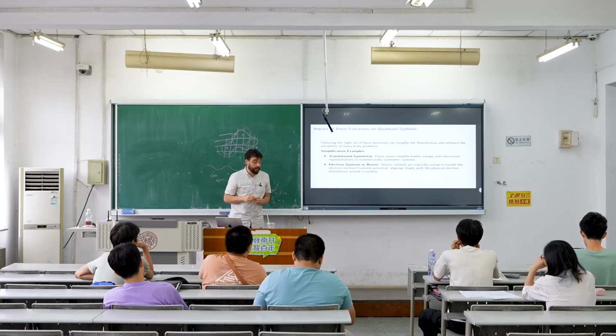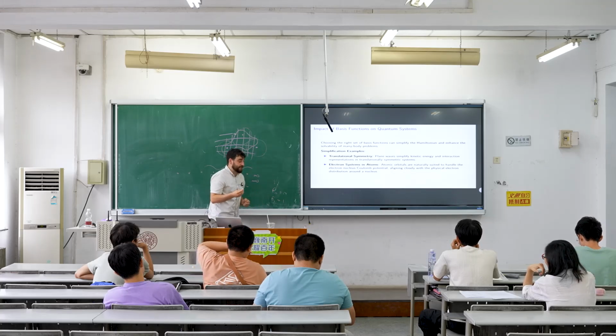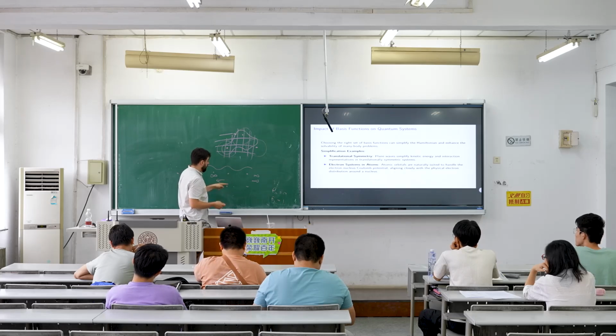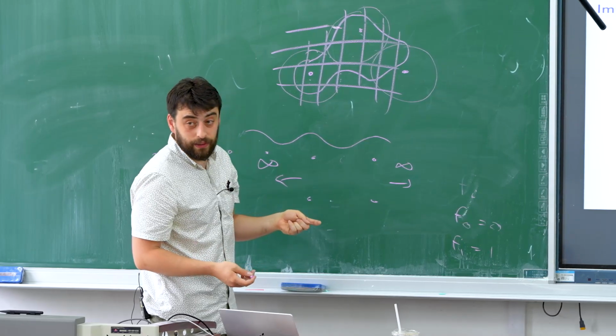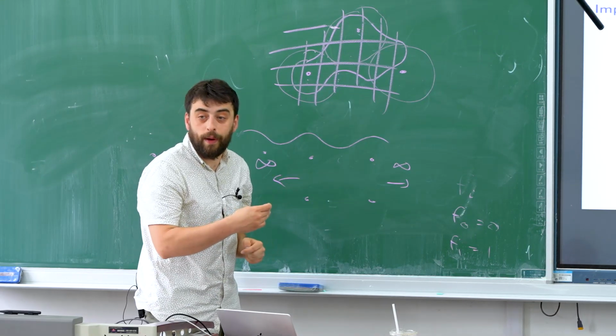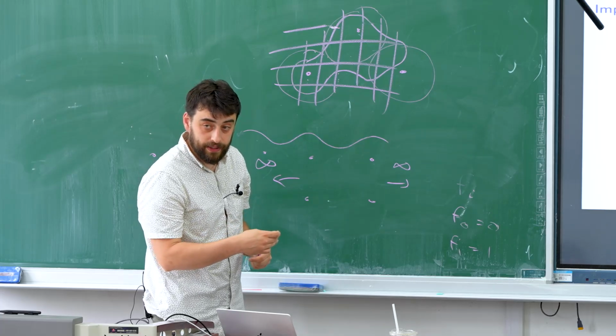What I'm trying to say really is if I use a plane wave basis set to calculate a molecule and I use a linear combination of atomic orbitals to represent a crystal, probably I'm going to be doing more work than if I'd done it the other way around and used a more appropriate basis set in those two cases.